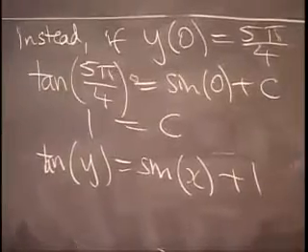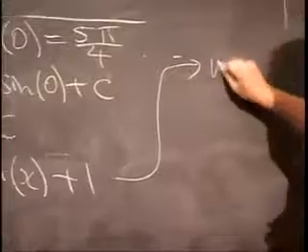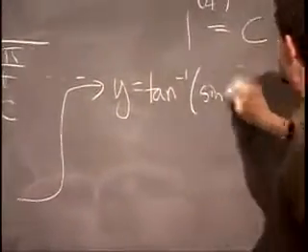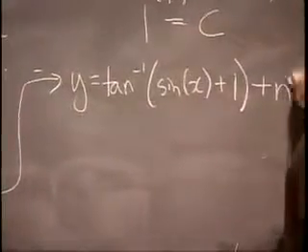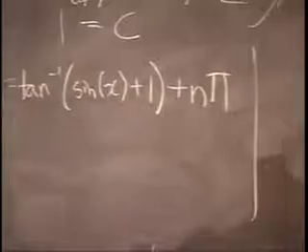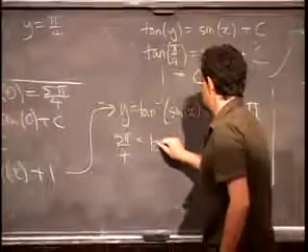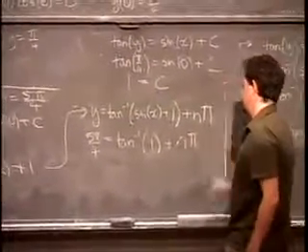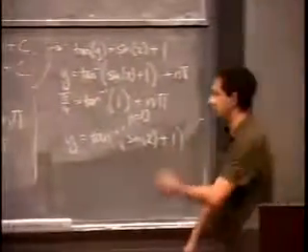But if I try to invert it, I now get y is inverse tan of sine x plus 1 plus n pi. And here's where I really need to find out what n is. Because if I re-plug in 5 pi over 4 for y and 0 for x, I get 5 pi over 4 is inverse tan of 1 plus n pi.